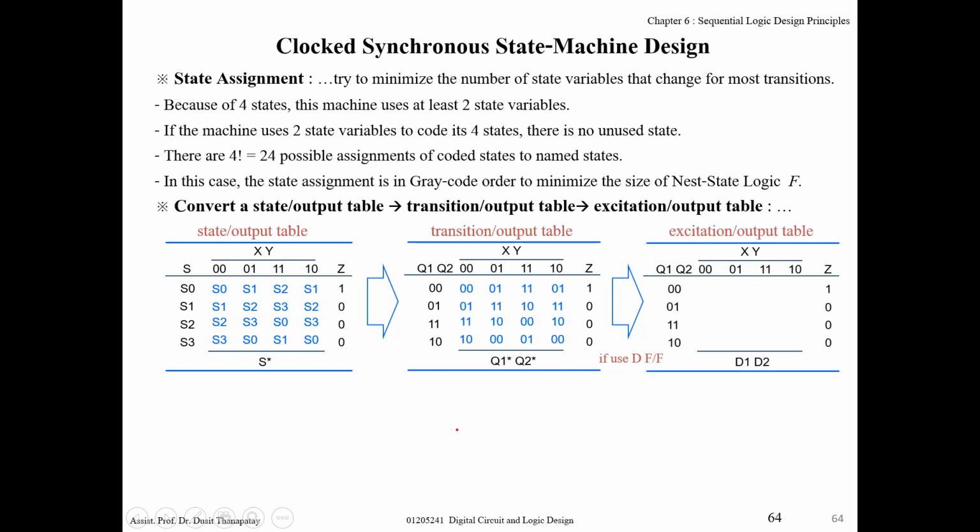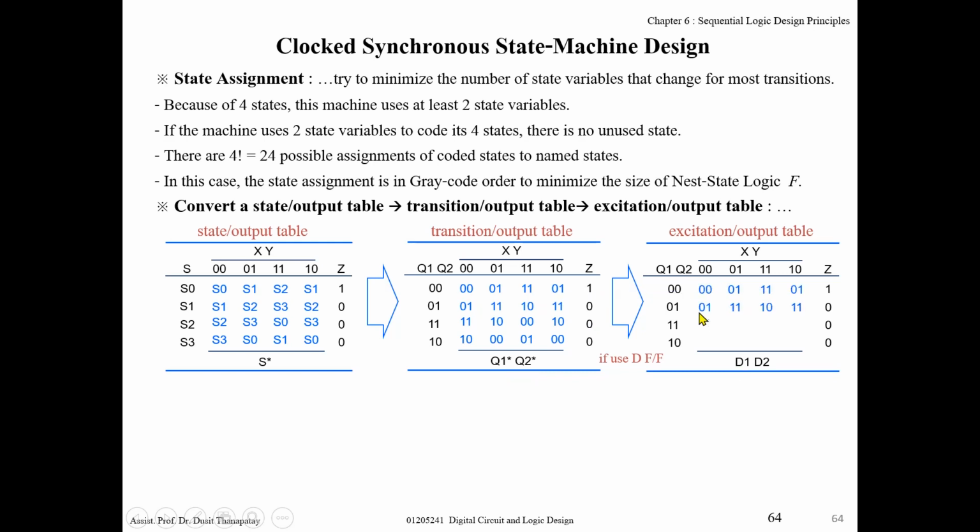That means if you want Q1 star to be 0, you must apply 0 to the input of flip-flop D1 also. And if you want Q2 star to be 0, you must apply 0 to D2, right? Same value, so you can copy this to this.